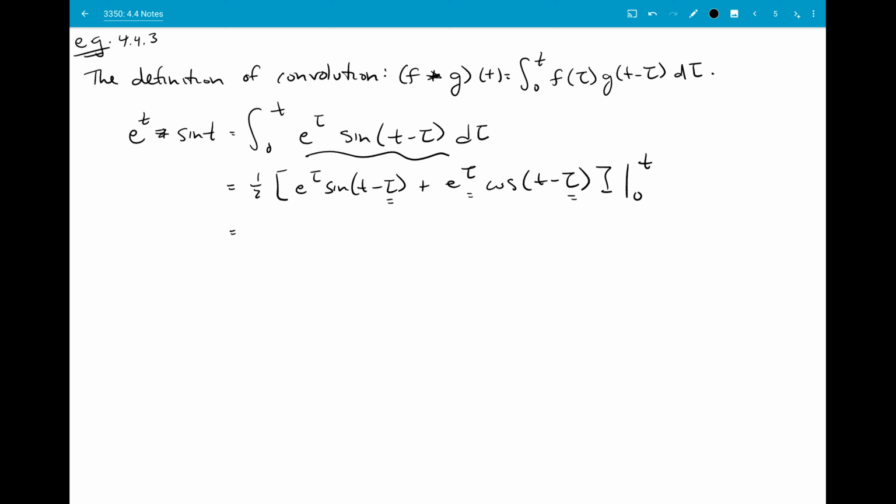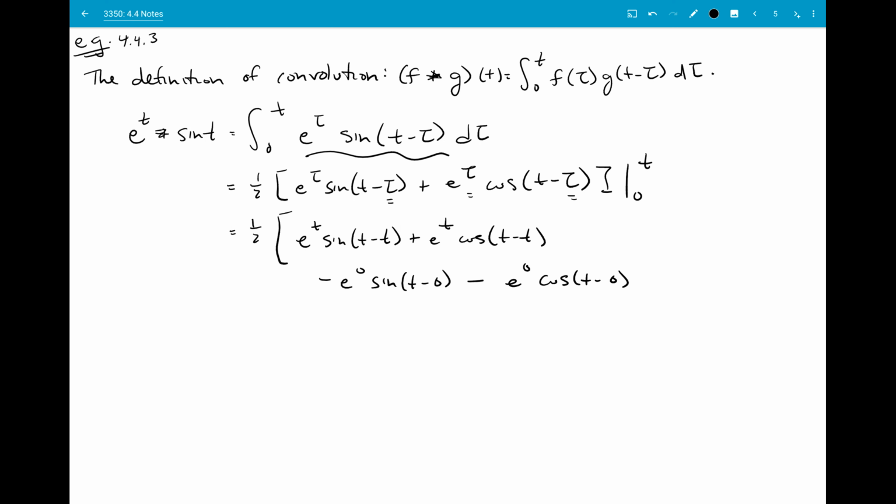So that's going to give us 1/2 all times e to the t sine of t minus t plus e to the t cosine of t minus t, minus e to the 0 sine of t minus 0, minus e to the 0 cosine of t minus 0.